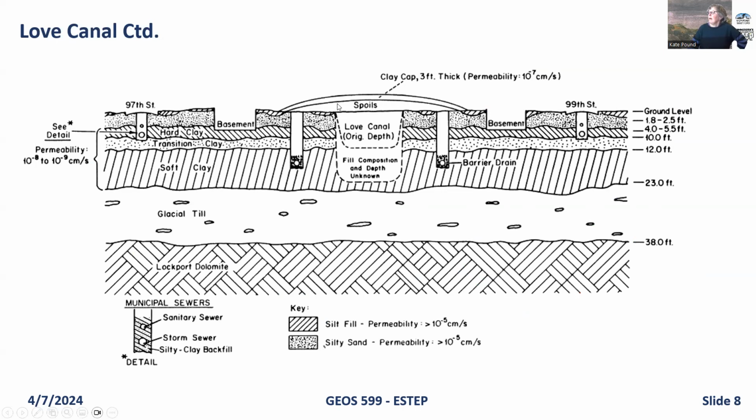So here we have the land surface, and what it's capturing here is where there were some basements in houses. There were toxic materials leaking into basements. Right here is the original depth of Love Canal. And as you can tell, they're not really certain about some of the details.